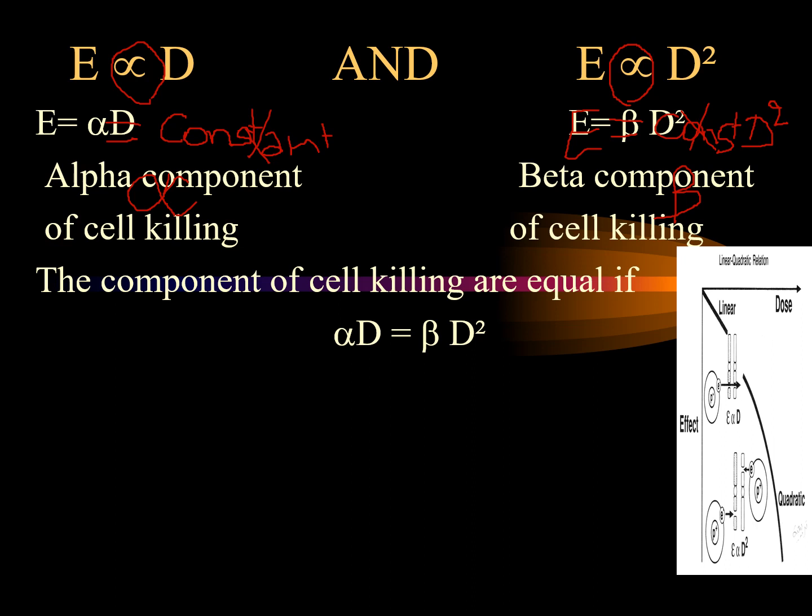Let's move the beta under the alpha, as in any equation. If you move the beta under the alpha, the D will go with the D squared, and this is just mathematics. So alpha over beta, what we now call the alpha beta ratio, equals D.